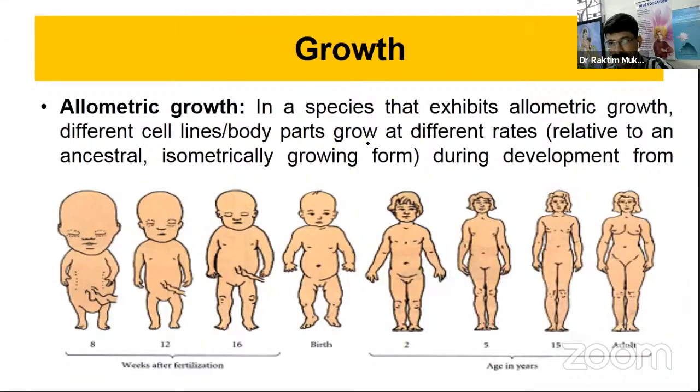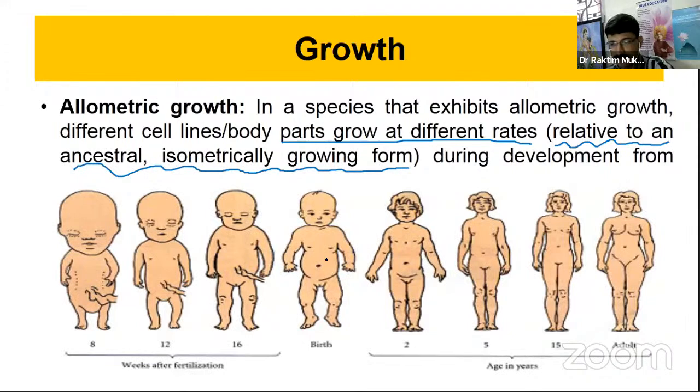That was a symmetrical growth at the same rate; here, the different body parts grow at different rates. And when I say rate, it is not a unified parameter; it is always a comparative parameter. Here, the comparison is relative to an ancestral isometrically growing form. So that's the development that takes place.